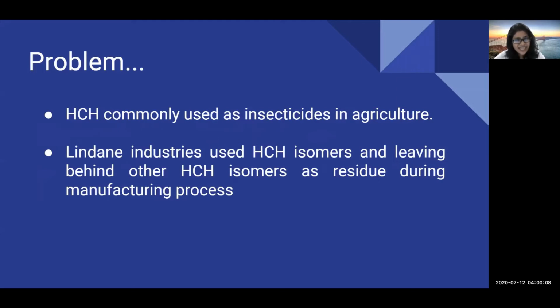The lindane industry leaves behind the other HCH isomers as residue during its manufacturing process, and the residues are then dumped onto soil. So most of the soil contamination due to HCH isomers is mainly caused by lindane industries.